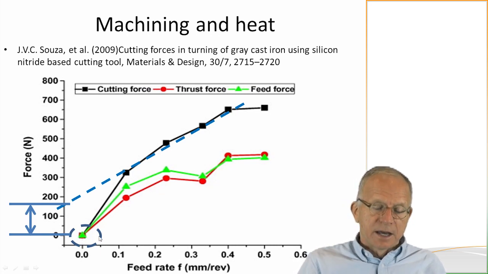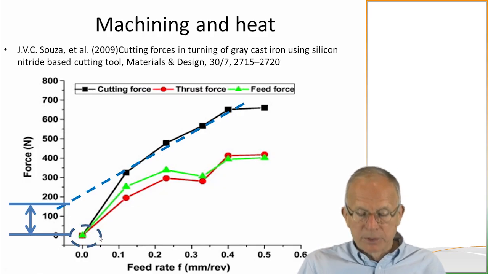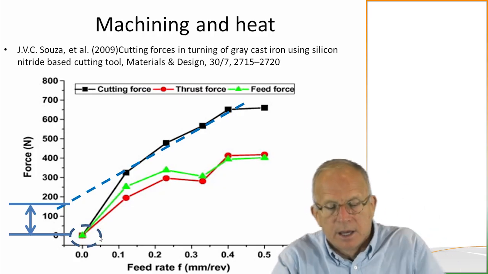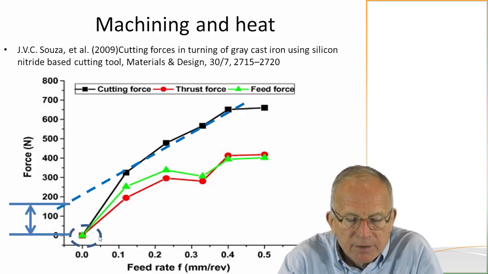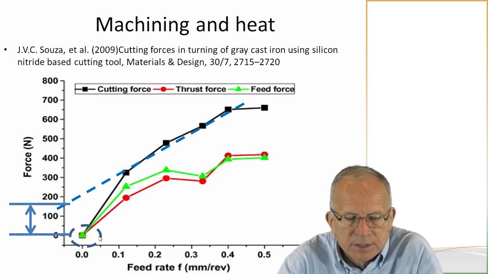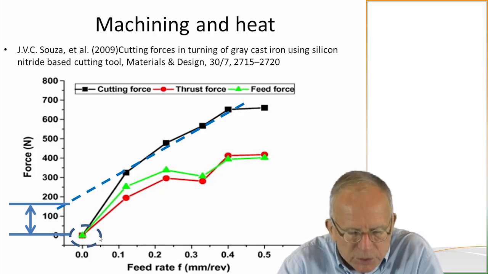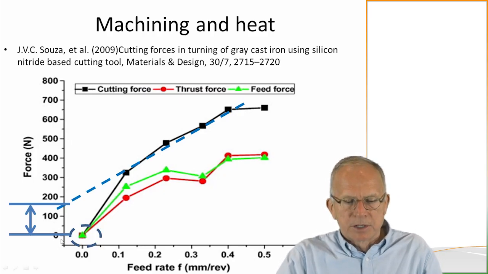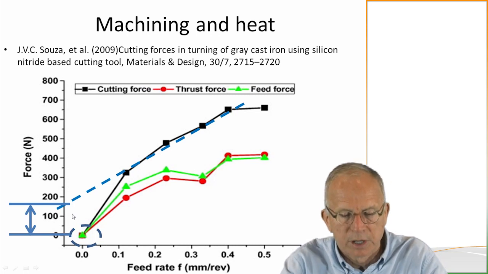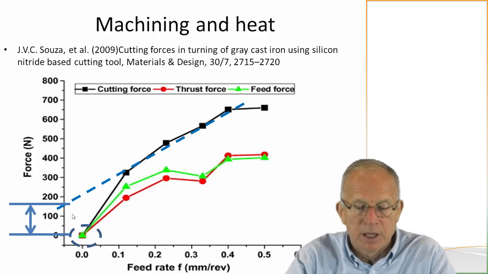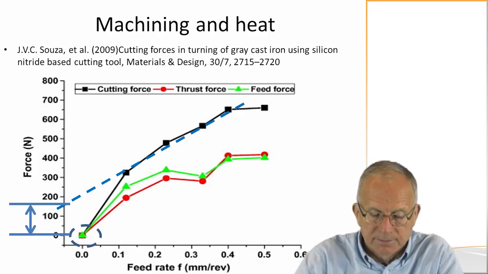Well, it turns out, in some unpublished work we did, it seems to be equal to the amount of force that you would need to put the amount of heat in the workpiece that we're seeing. This is the cutting force in the direction of motion, so that's work. If I take the heat that's in the workpiece and compare it with this force and go through the calculations like we've just seen, it appears that this is about equal to the heat that's left in the workpiece.